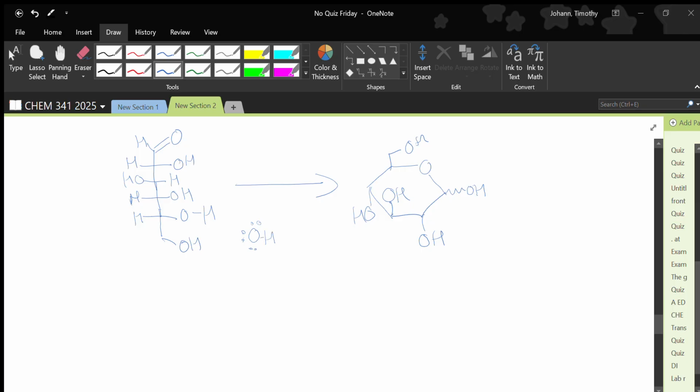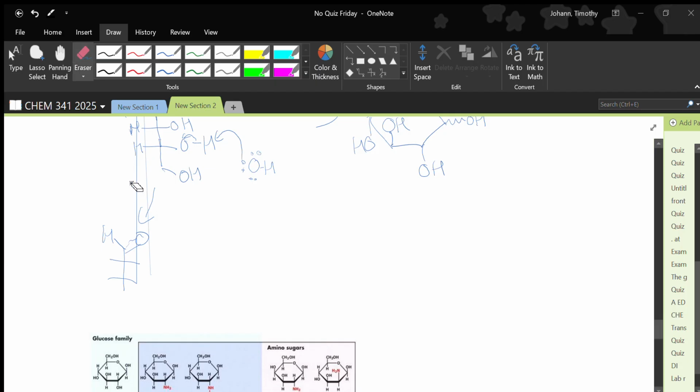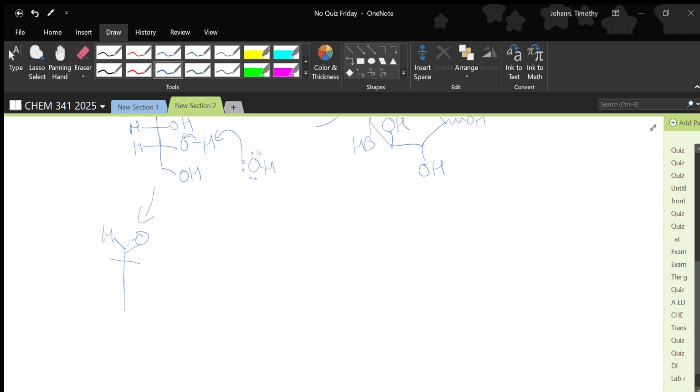We have a little bit of base in water, so you can imagine I'm going to grab that, and these electrons pop over here. And that's going to leave me with a negatively charged oxygen.